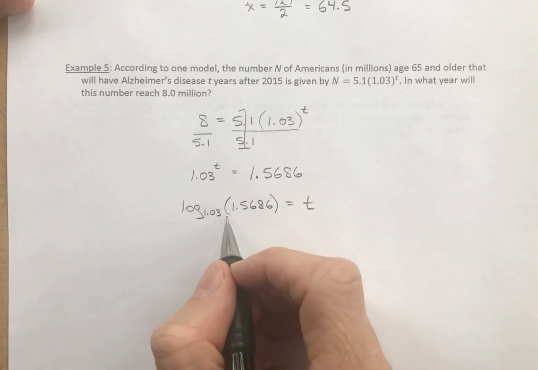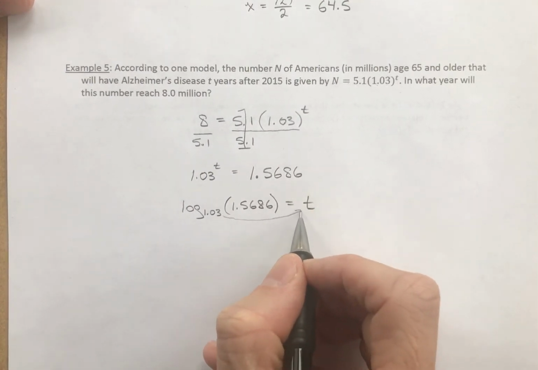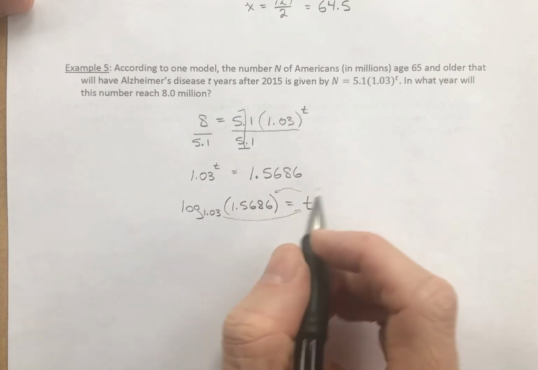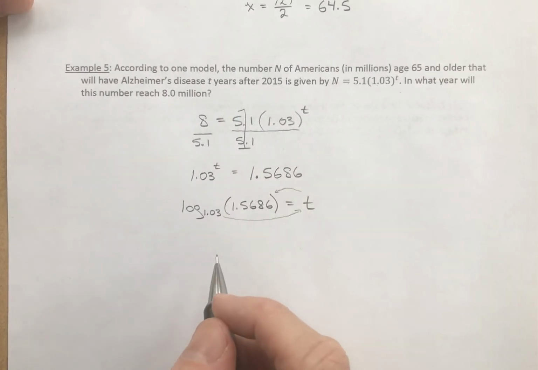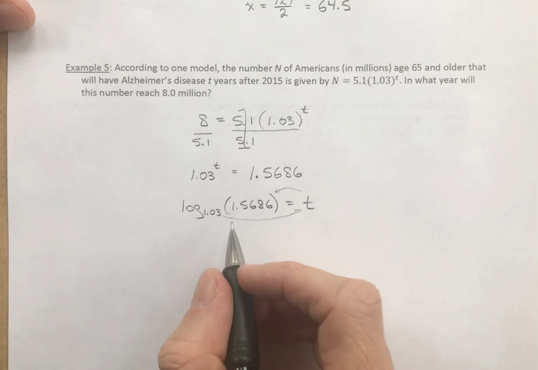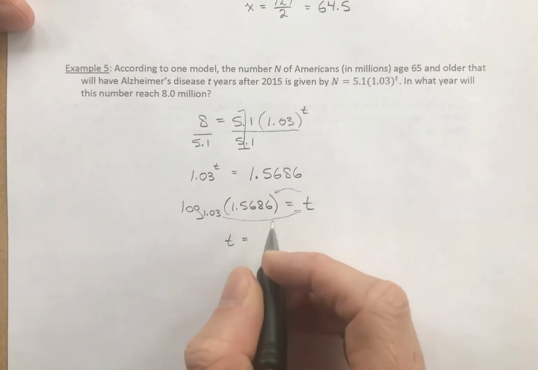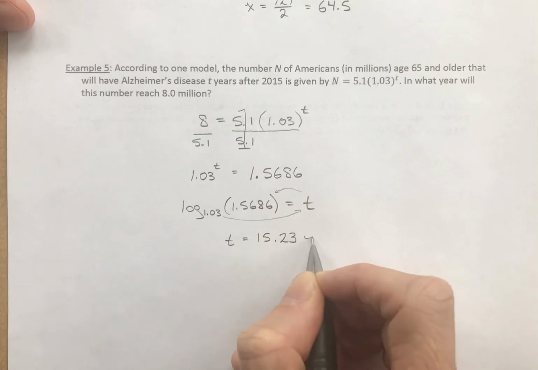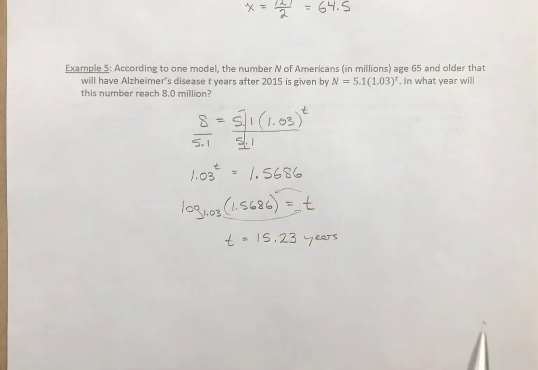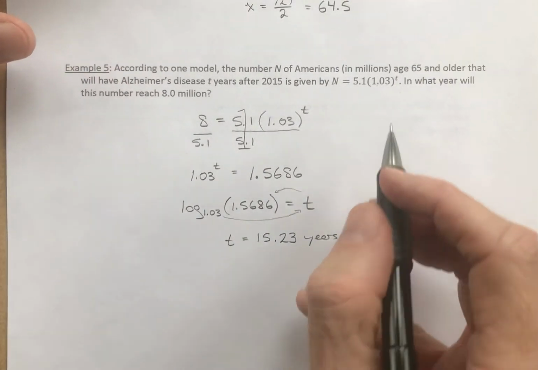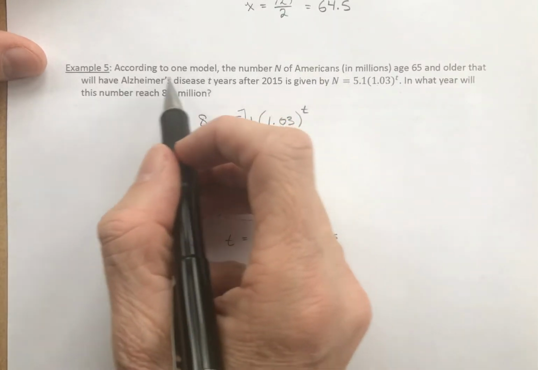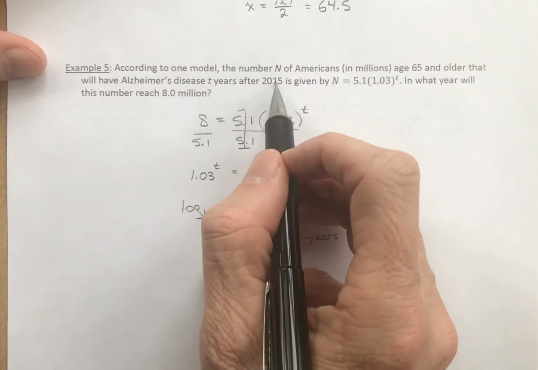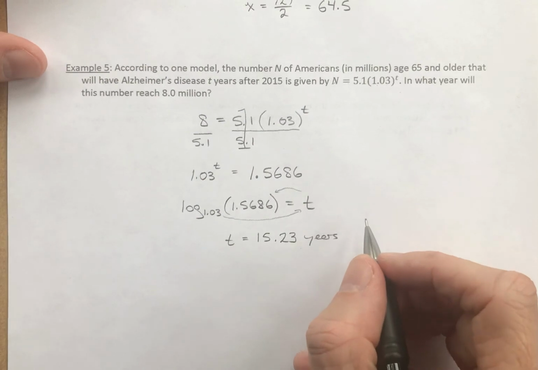Okay, if you want to look at this the other way, there's the base to exponent equals argument, which is right there. And so that's just a math problem. That goes into a calculator. And I get t equals 15.23 years. Now let's remember that t is the number of years after 2015.